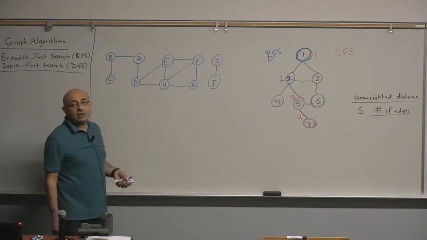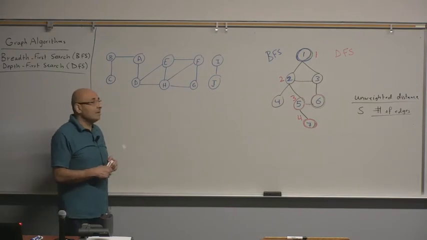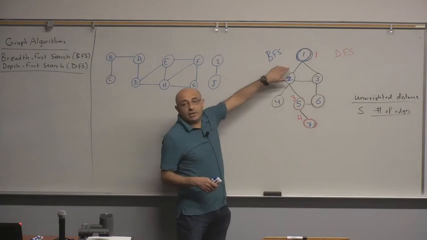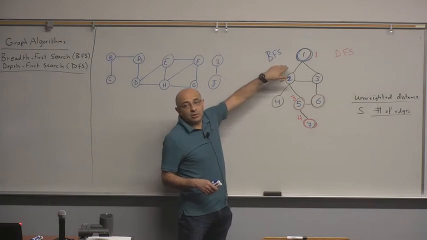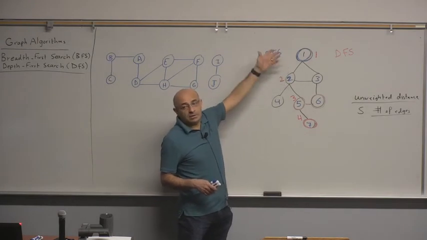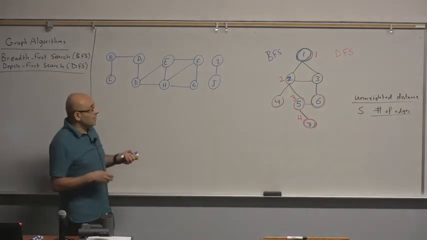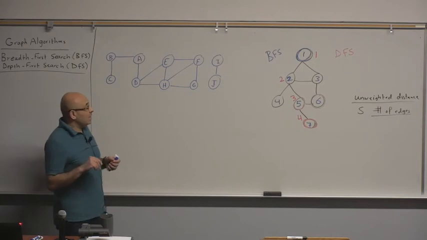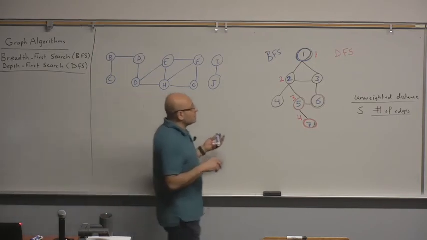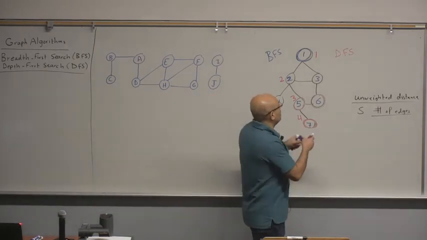Or in fact, you can think of an unweighted graph as a graph in which all edge weights are unity. All edge weights are 1. So anyway, now what's depth first search used for?